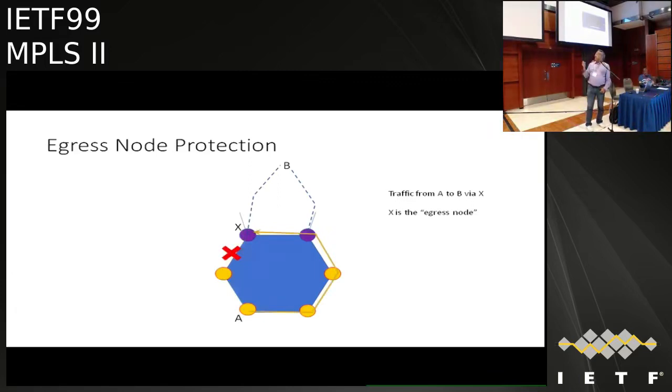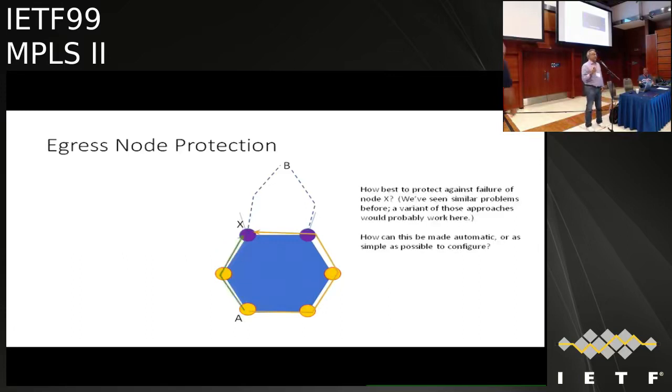But if the node X itself fails, what do you do? You really want to go to the other node and then go into the bigger network. So the question is, how do you do this? Like I said, we have techniques for this. The other question is how to make this really simple to configure, how much of this can be done automatically. This is all part of trying to make these rings as close to self-configuring and self-managing as possible.